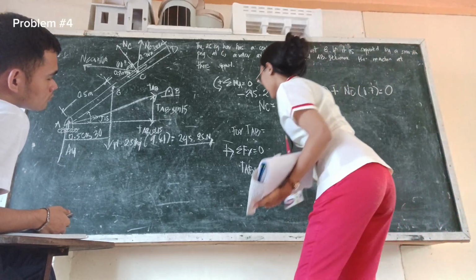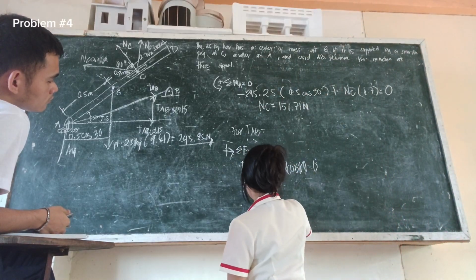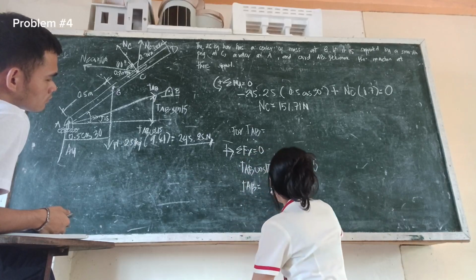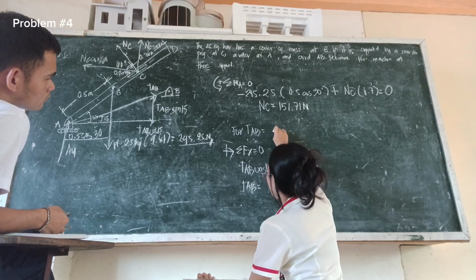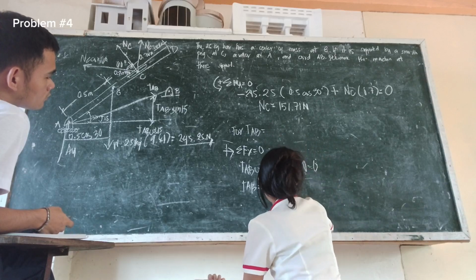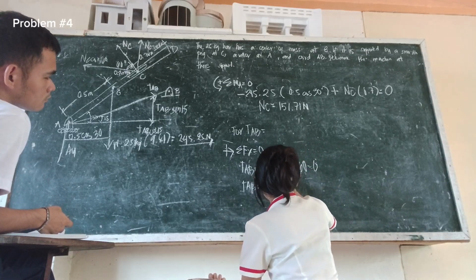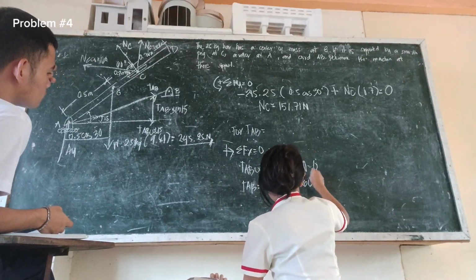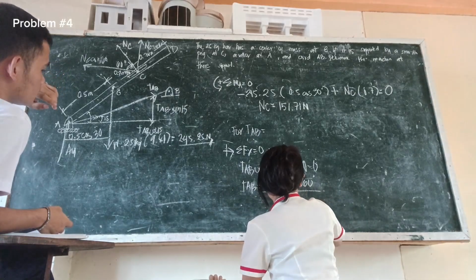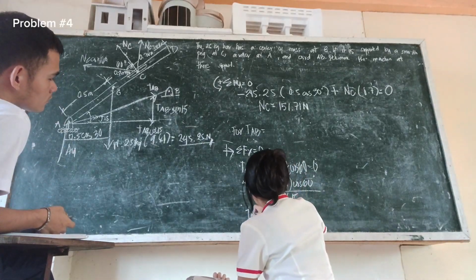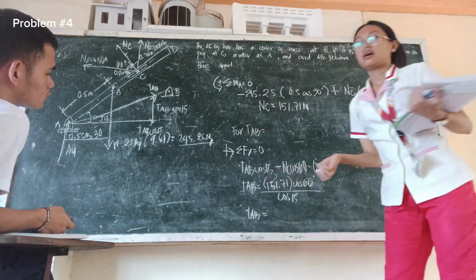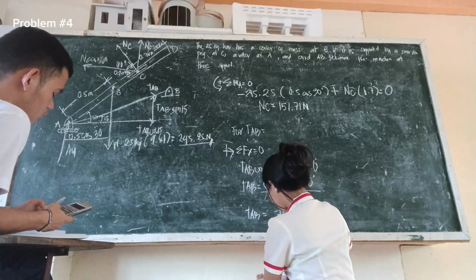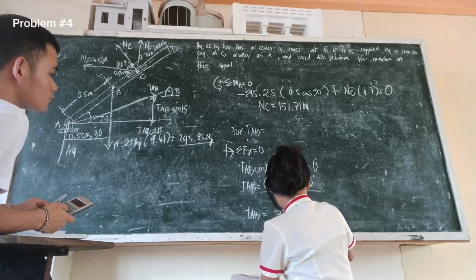To solve for TAB, all we have to do is isolate TAB, and since we have the value of NC, all we have to do is plug it in. So 151.71 cos 60 degrees divided by cos 15. If we calculate it in our calculator, the answer will be 78.53 Newton.